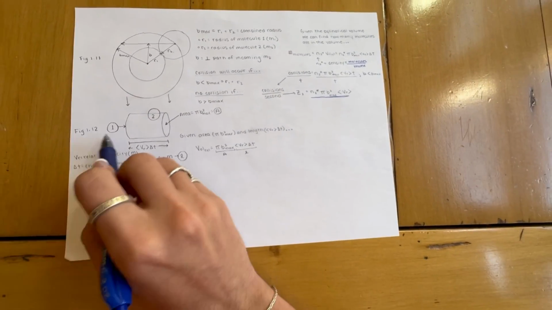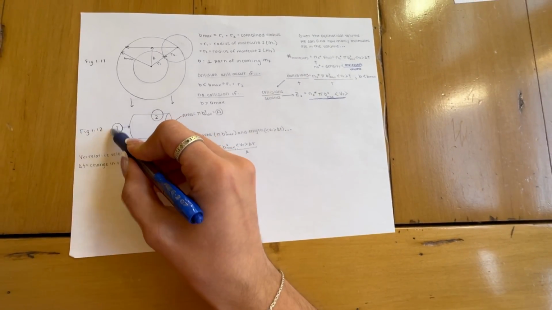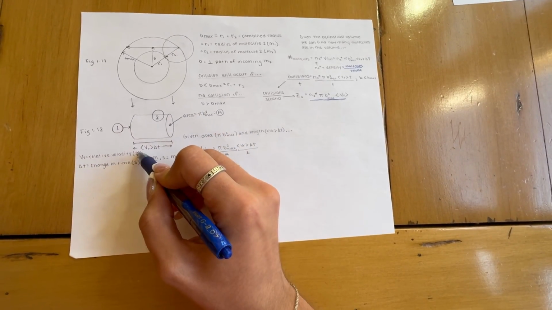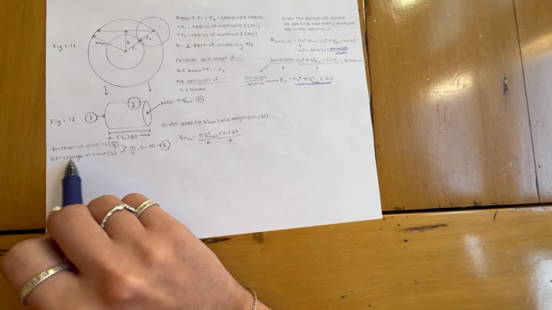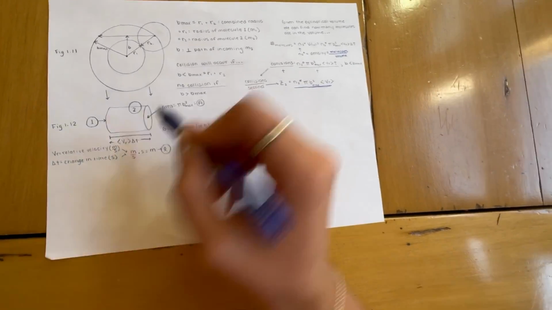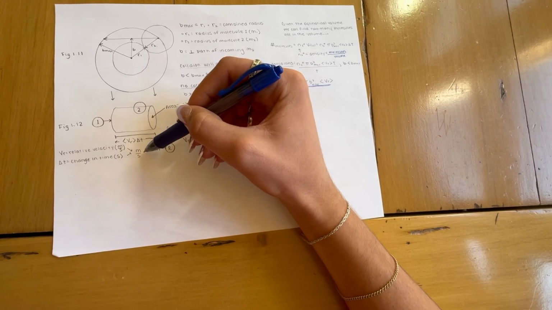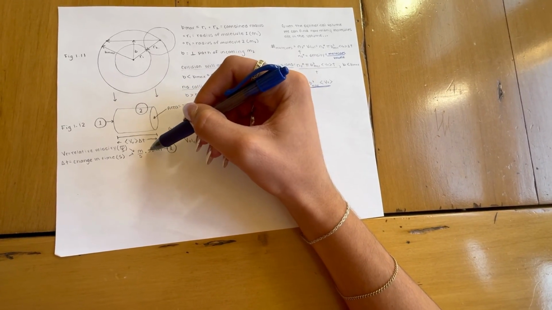The relative velocity of this molecule is in meters per second. We also have the change in time, which is in seconds. When we multiply these two, we have meters per second times seconds.